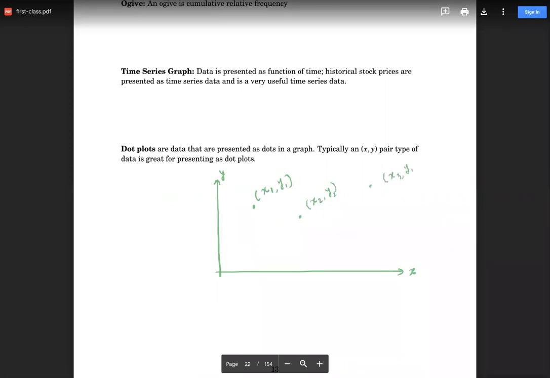You don't write down the coordinates, you just create the dots, okay? That's why we call it dot plots. So for instance, this could be something like a data pair. The main thing: data pair, or paired data.